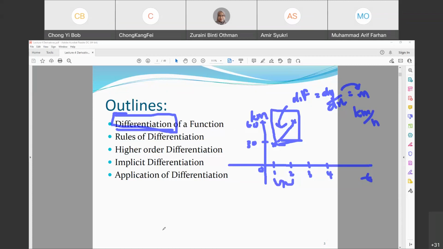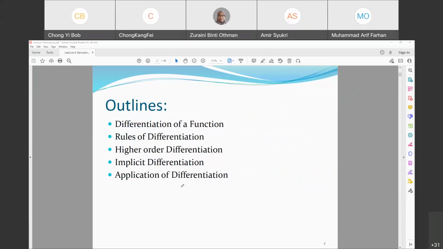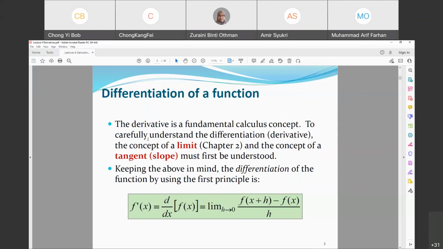Okay, then we learn about rule, higher order. Ni dah cakap tadi. That's the motivation why this topic came out in the function, the continuity of the function. Okay, then this is the differentiation of function explanation.